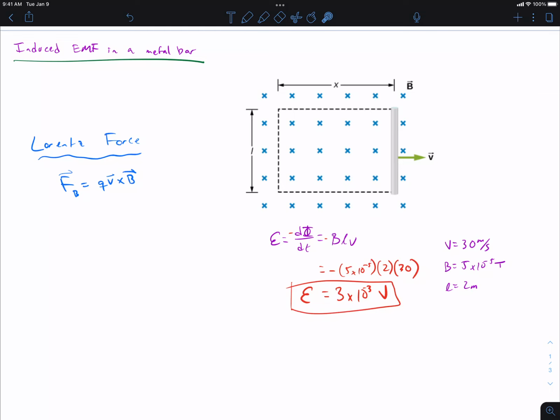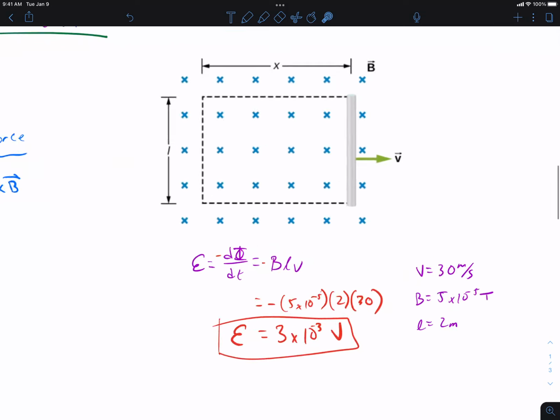We started using the right-hand rule to do this, right? So I'll generate a force on that charge. And so let's go ahead and look at this. This does actually work on this bar, and we can show exactly how this becomes a power source, without even being connected to a circuit.